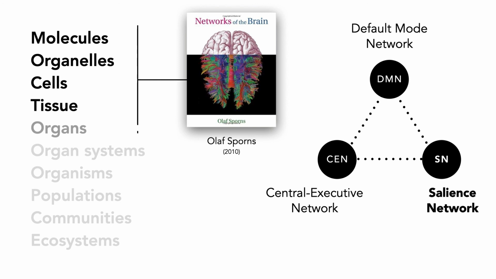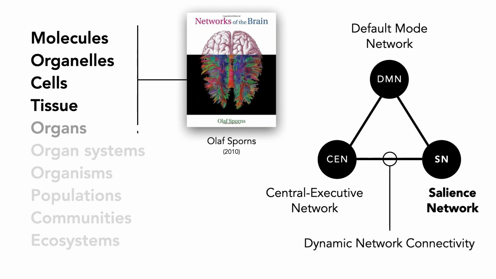The default mode network is active when we are mostly at rest. The central executive network is active when we are performing tasks. And then we have the salience network, which is mainly handling novelty in different ways. This is also called dynamic network connectivity between these networks, and these networks use something called the small world architecture.